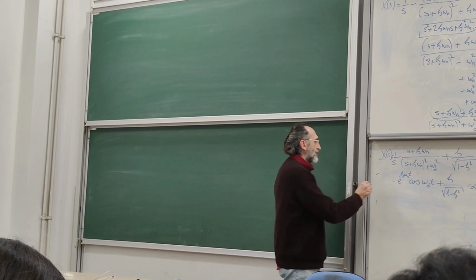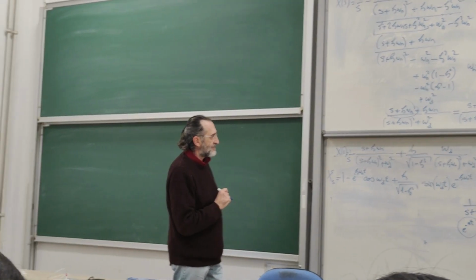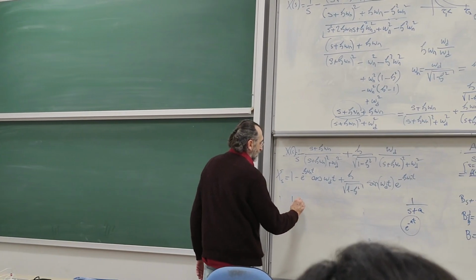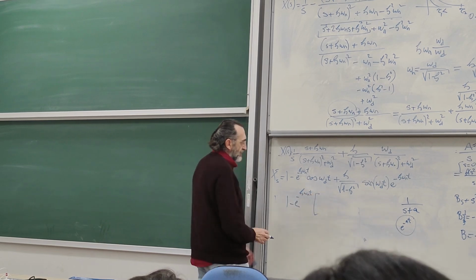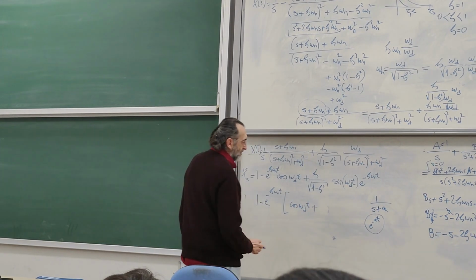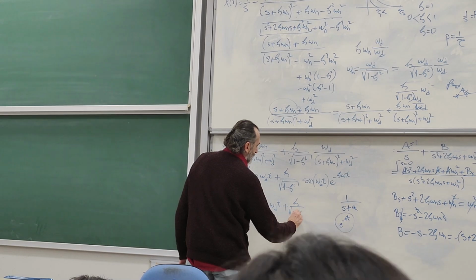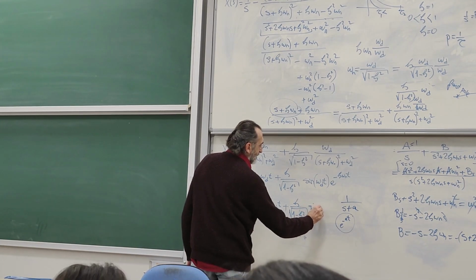And this is what? Alright, so I take this in parentheses: 1 minus e to the minus zeta omega_n t, in parentheses, cosine omega_d t plus zeta over the square root of 1 minus zeta squared sine omega_d t.